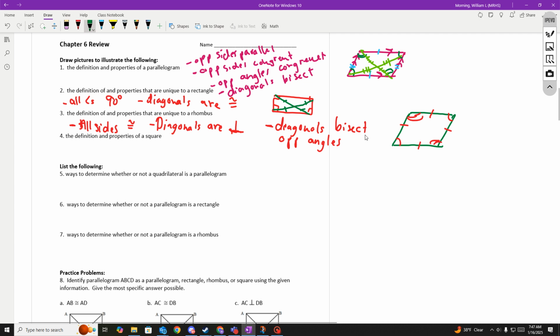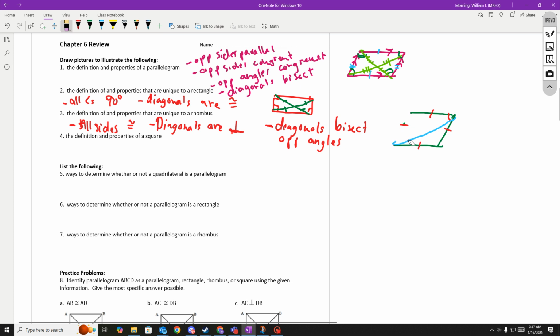The diagonals, so this diagonal and this diagonal, they will cross at a 90-degree angle. All of these will be 90, by the way. If one of these is 90, then they're all 90. So the diagonals cross at a 90-degree angle. Usually you only label one of them, and that implies that they're all.